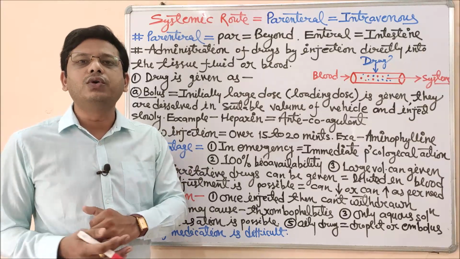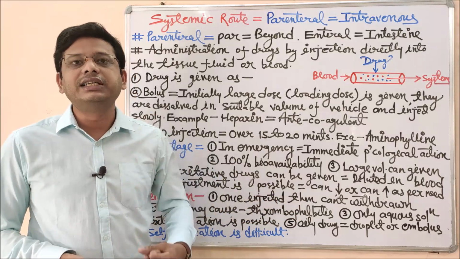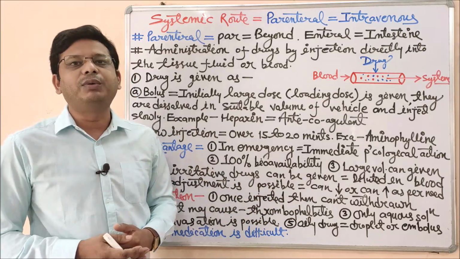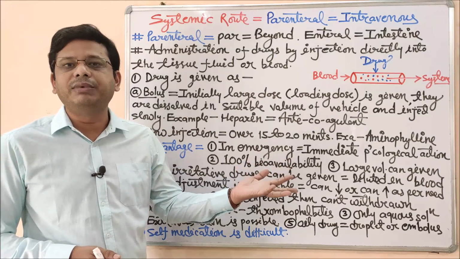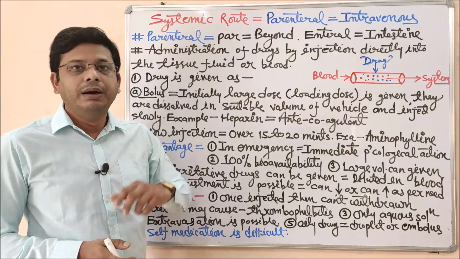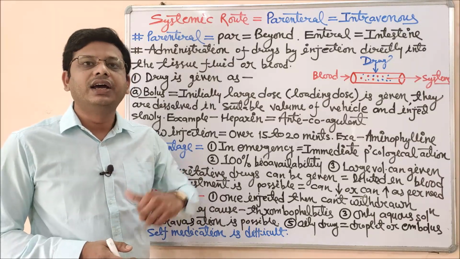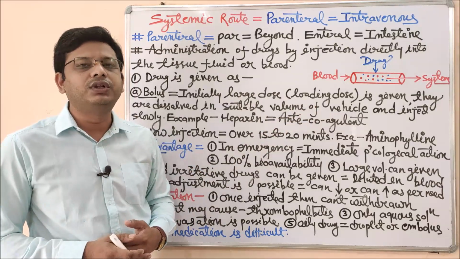In case of oral route of drug administration, we have seen that the drug has to go for disintegration and dissolution, then only will it produce its desirable action, because ultimately that is also an example of systemic route of drug administration, and this is also an example of systemic route. But the difference between these two is that in the oral route, the drug has to go through different pathways, then only will it reach the blood.